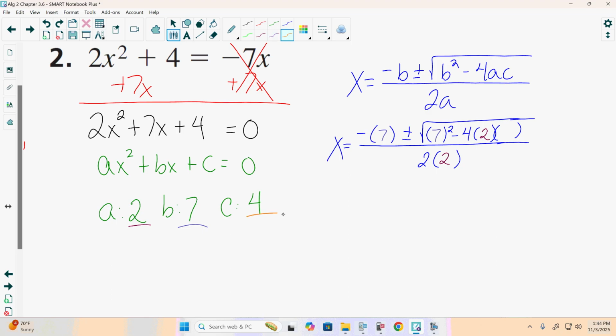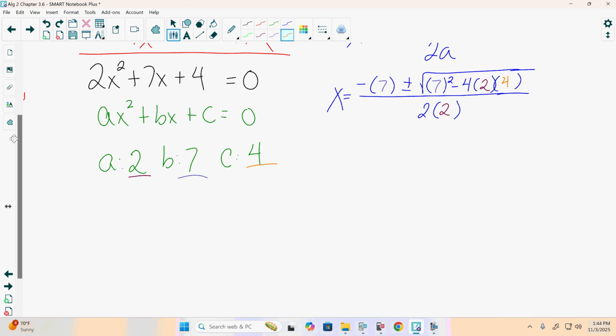And lastly, C is 4, and the only place C shows up, we're going to replace it with 4. So we have negative 7 plus or minus the square root of 7 squared minus 4 times 2 times 4, all over 2 times 2. Questions on this so far?